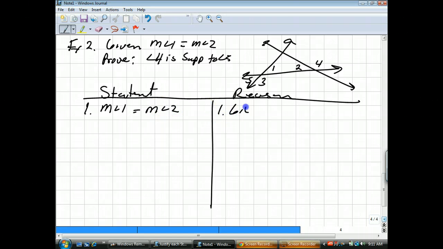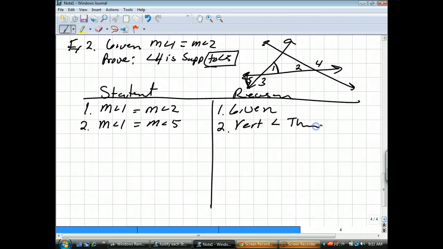Okay, and we know that because it's given. Then somehow I need to introduce angle 5 into the statement column. And looking at the picture, I see that angle 1 and angle 5 are vertical angles. So I can say that measure of angle 1 equals measure of angle 5, because of vertical angle theorem.